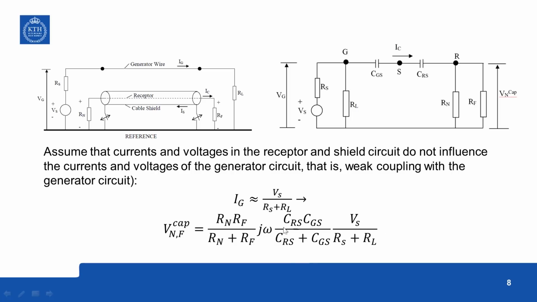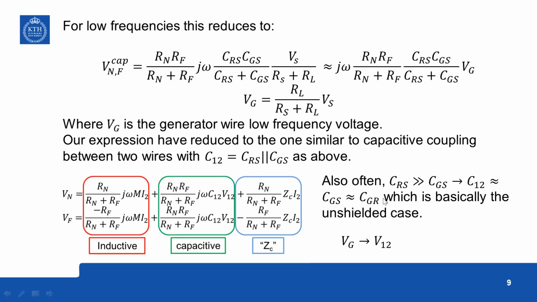Substituting that in the previous expression, you get this one. Then you make a simplification. In terms of Vg, you find Vg equal to RL by Rs plus RL times Vs, where Vg is the generator wire low frequency voltage. Now our expressions have reduced to one similar to the capacitive coupling between the two wires.